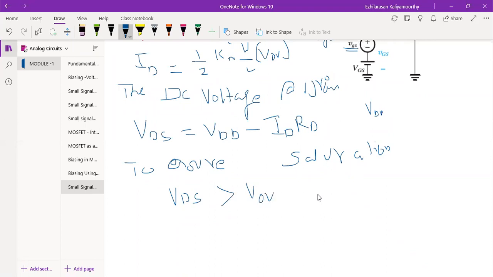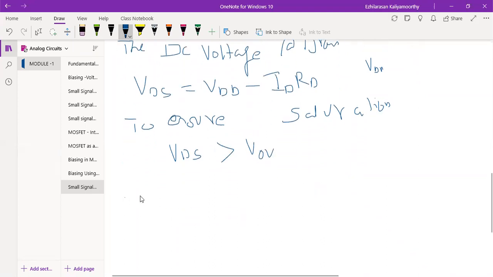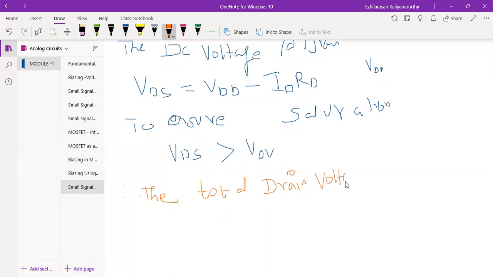Where VOV is nothing but VGS minus VT. So now from this, I can say the total drain voltage, that is VD, is equal to VDS plus vds.